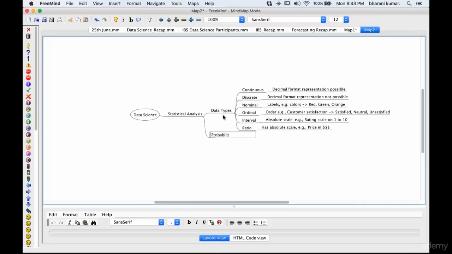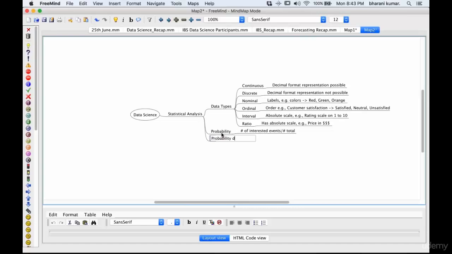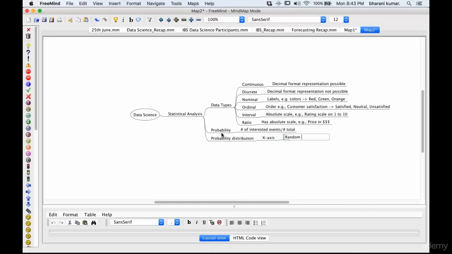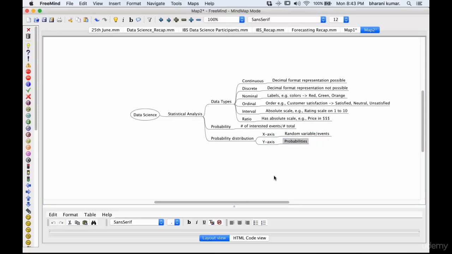Then we have discussed probability, the most important part, and the formula is the number of interested events divided by the total number of events. This would give us a probability. If you have the random variable or the events on the x-axis, and probabilities on the y-axis, then it is called a probability distribution.